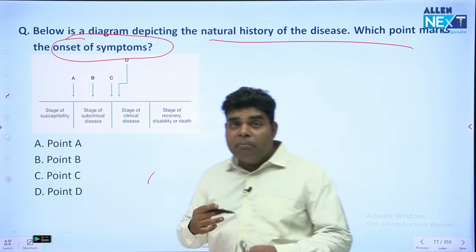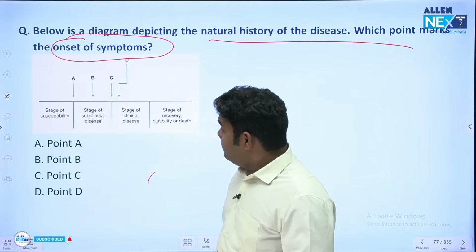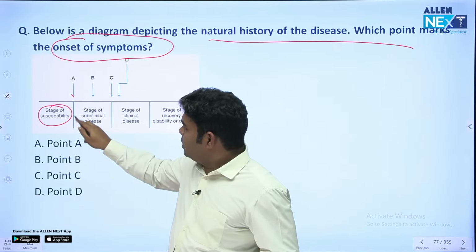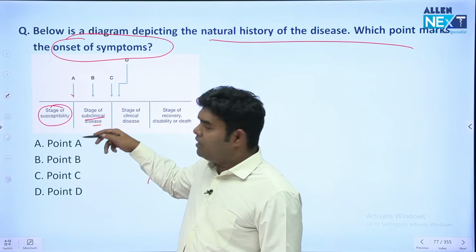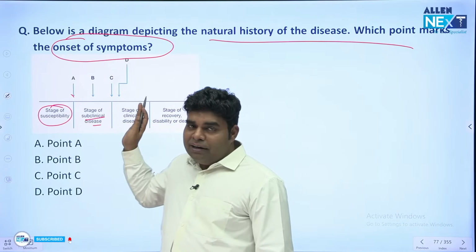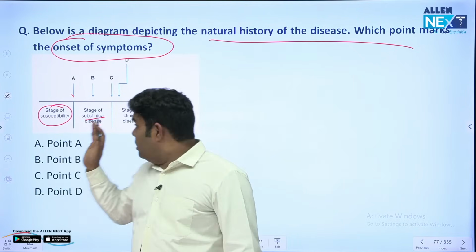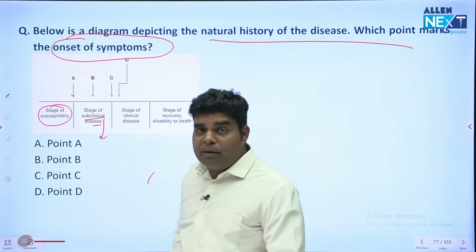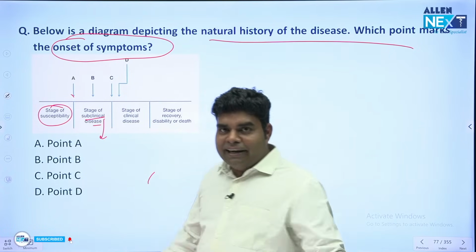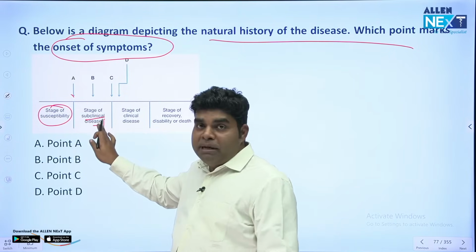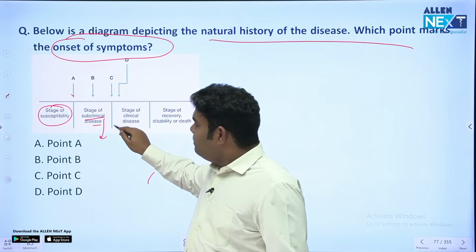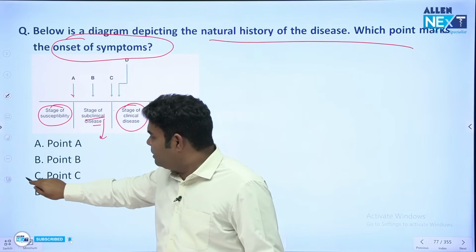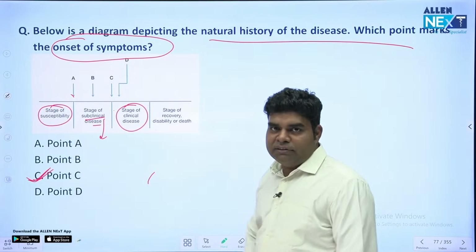Who is telling the time of symptom start? So look, point A is the stage of susceptibility and from here the stage of subclinical starts. Subclinical means it is undetectable, not coming to the clinic, undetected. So it is undetected till B. When C comes, symptoms start and then there is the stage of clinical disease. So what is telling us onset of symptom? Point C, onset of symptom.